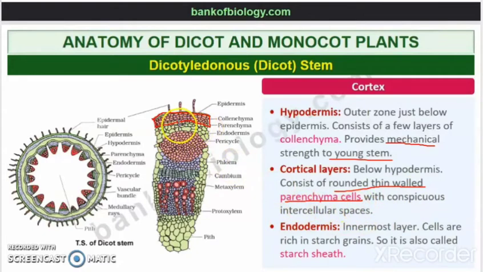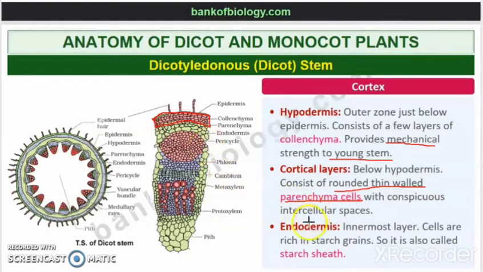You can see this is the layer called the cortical layer, and it is made up of rounded, thin-walled parenchymatous cells. Okay, and how are the intercellular spaces? These will be clearly visible.